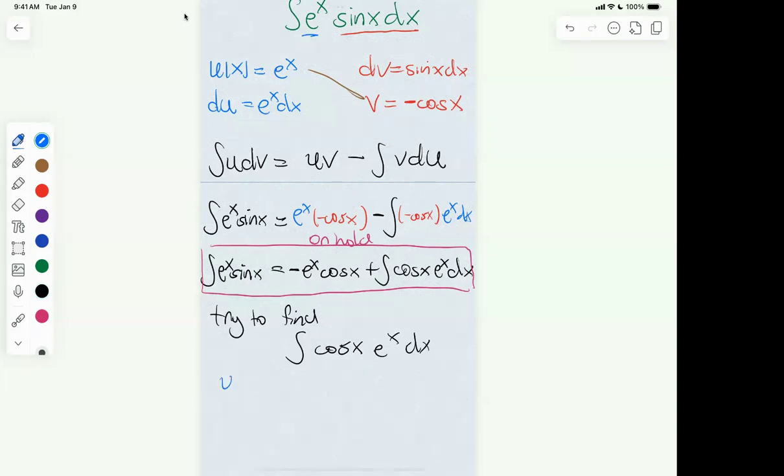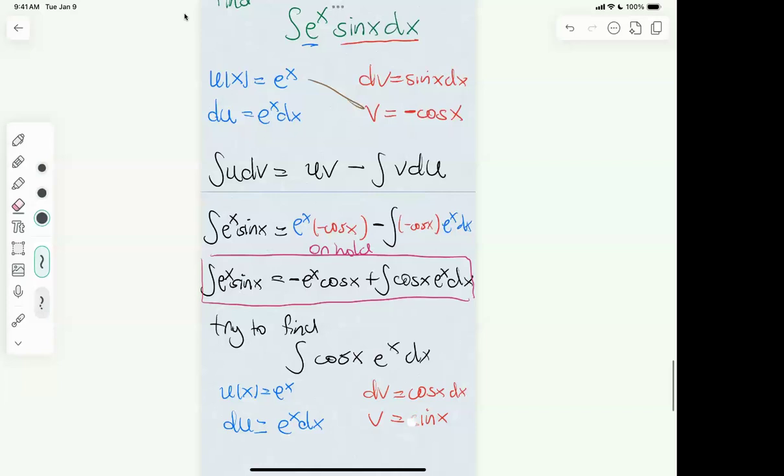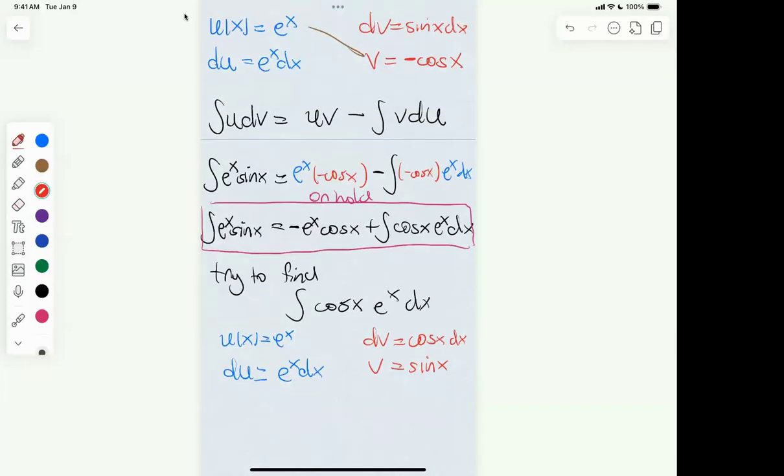Again, if I make u equal to e to the x, just because that's how I did it last time, du would be e to the x dx. And then I'll call dv the remaining stuff. So dv would be cosine of x dx. And so v would be sine of x, because the integral of cosine is sine. Okay.